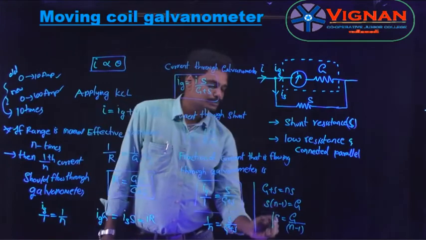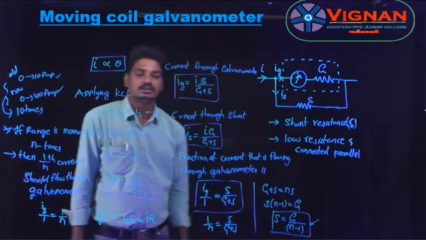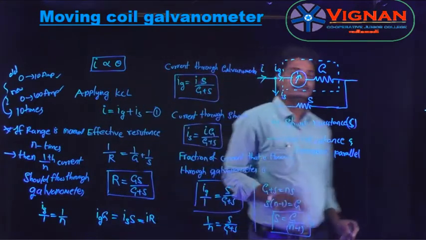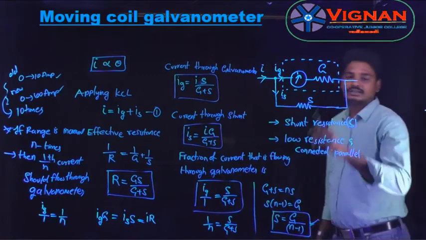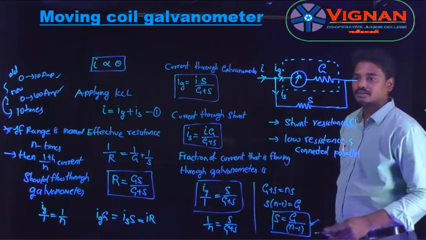From this expression, we can observe the value of the shunt resistance is less than the internal resistance of the galvanometer.